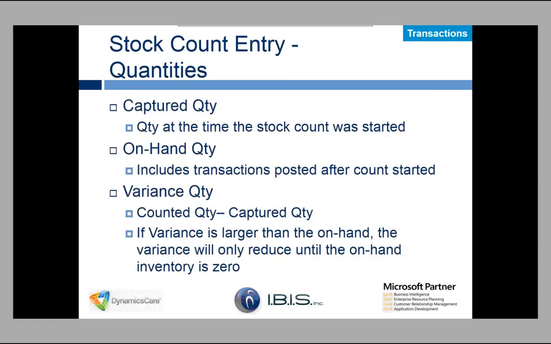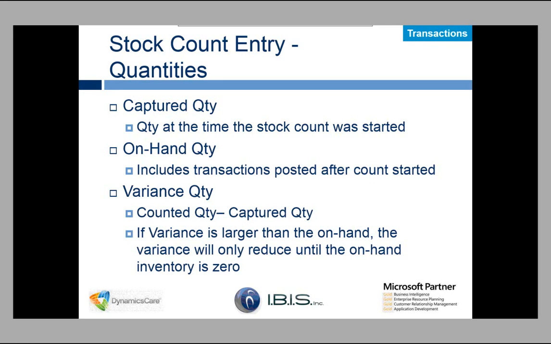In the stock count entry window, you have a couple different quantities. The first is captured. That's going to be the quantity at the time that the stock count had started. It's going to be a point in time capture. Your on-hand quantity is going to be transactions posted after the count has started, so if you have transactions that occur throughout your cycle counting process.